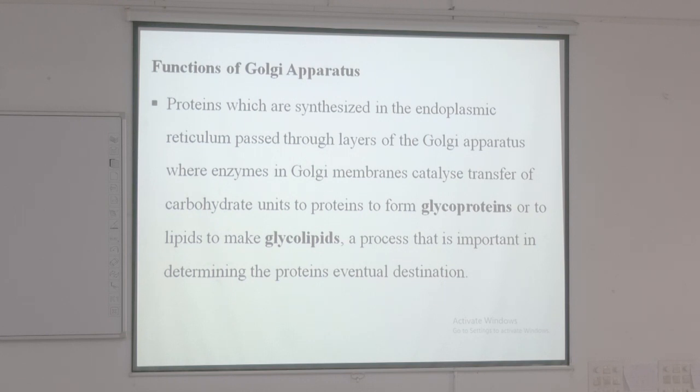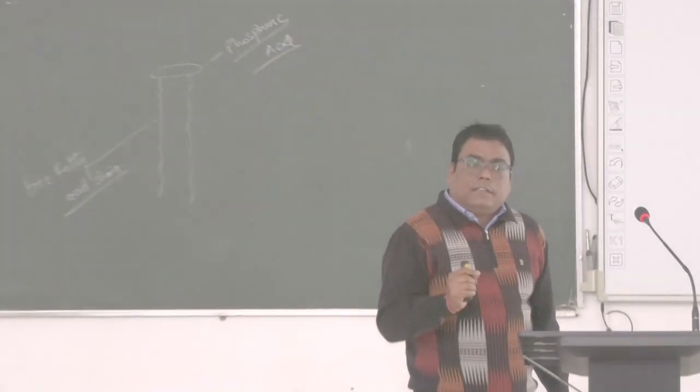That means how the Golgi apparatus is helpful for the formation of the cell membrane. Because in the cell membrane, biomolecules are present in the form of glycoproteins and glycolipids. Understand? The cell membrane is a composition of carbon, hydrogen, oxygen and nitrogen.